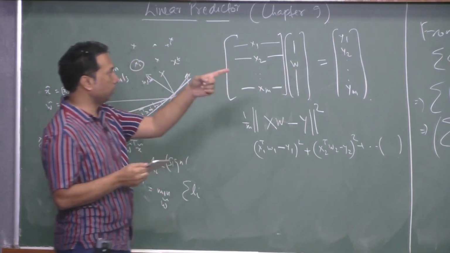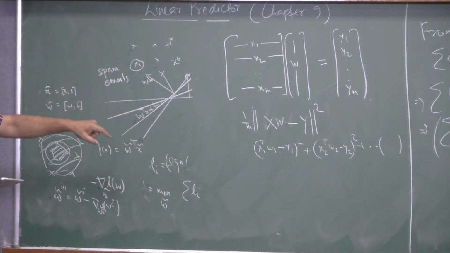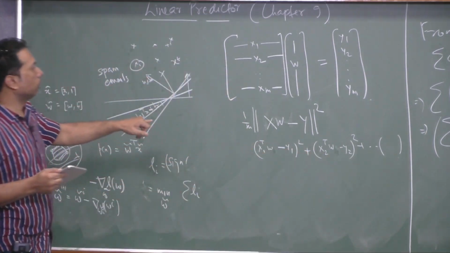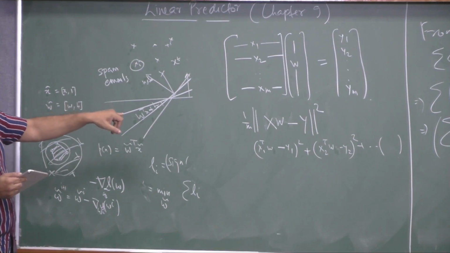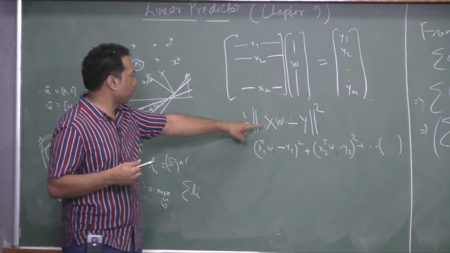That's what is written there, 1 over m, you are taking the sum. It's not w1, w is fixed. So x1 transpose w minus y1 for the first sample, and so on. This is in the matrix form.